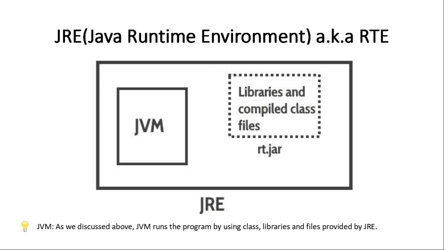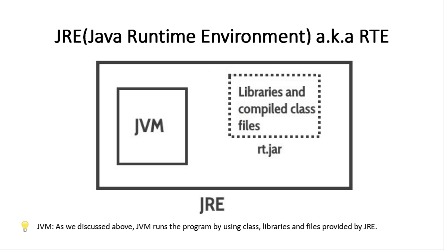It is an environment within which a JVM runs. JRE also contains libraries and compiled class files, which help the JVM load libraries and execute. JRE does not contain development tools such as a compiler and debugger. You can run the code, but you can't develop and compile.